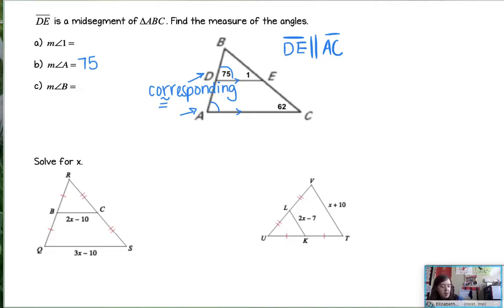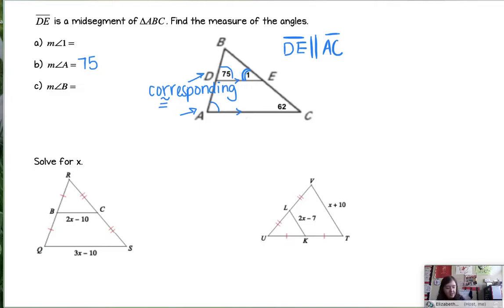Now let's talk about angle 1. Which angle is angle 1 congruent to? Very good. Yes, way to go, Lizzie and Enrique.